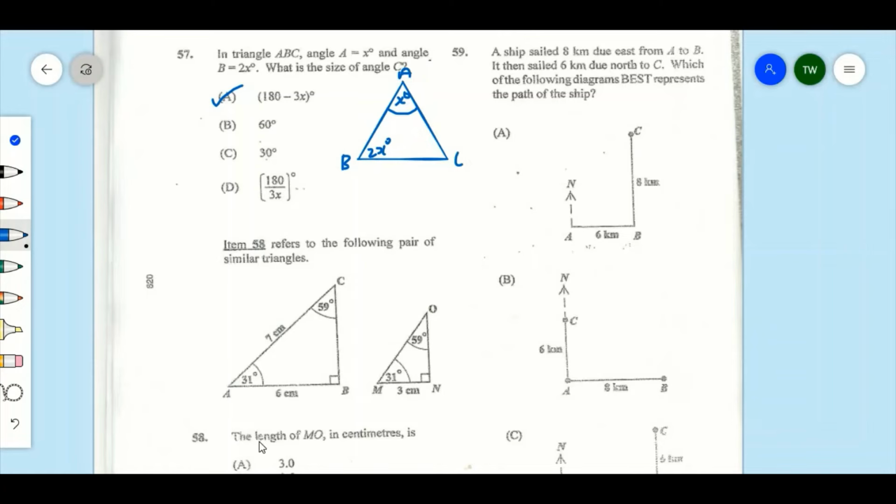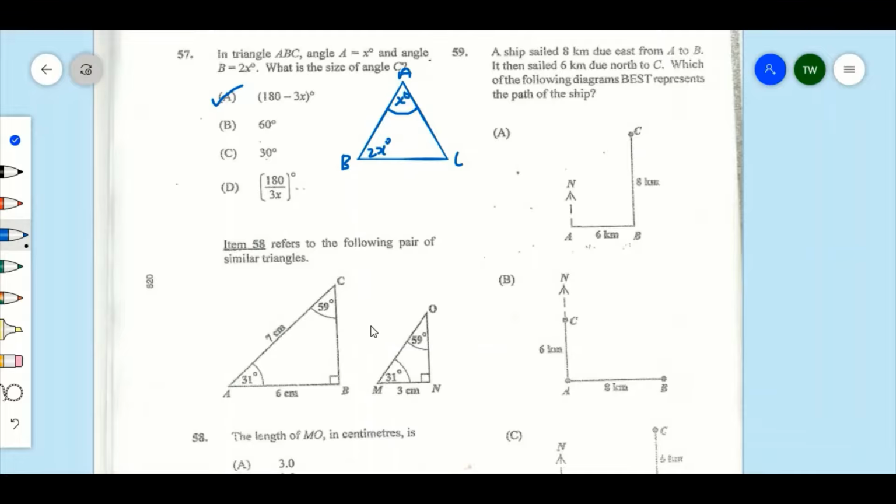Now 58 says the length of MO in centimeters is. So we want to determine the length of MO here. Based on observing both triangles, we can see that 3 is half of 6. So it means that MO is going to be half of 7.